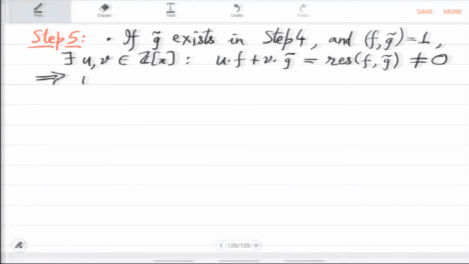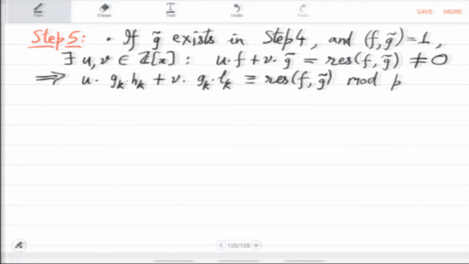You will get U times GK HK plus V times GK LK, which is obviously the resultant modulo P raised to 2 raised to K. Okay, so modulo prime power, you know how F and G tilde factor, and this gives you this nice congruence where GK is outside.